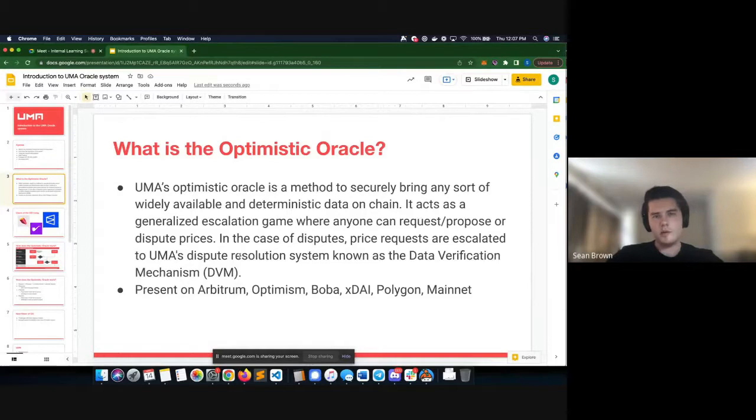The optimistic oracle is basically a generalized escalation game. More traditionally, oracles are about providing a service where it's like, we will provide you the ETHUSD price or whatever. The optimistic oracle is more of a framework for how an oracle can function. It's a generalized escalation game where anybody can participate.